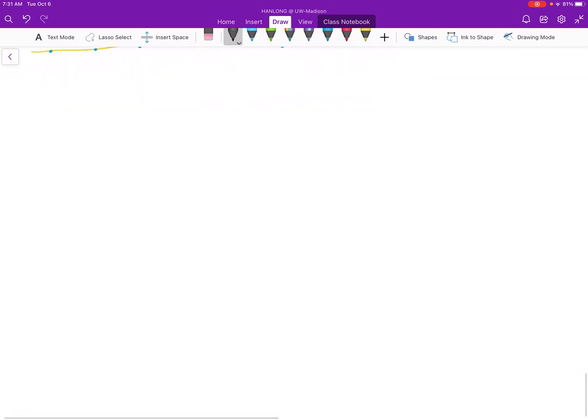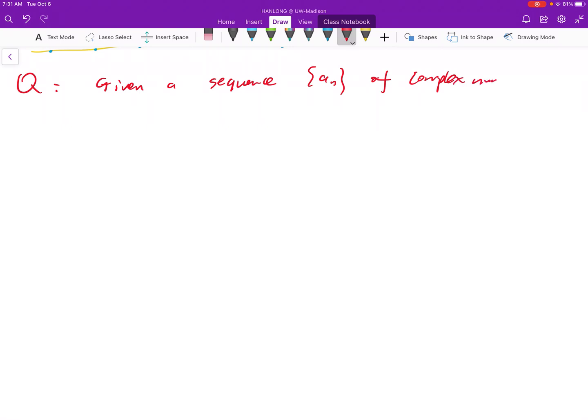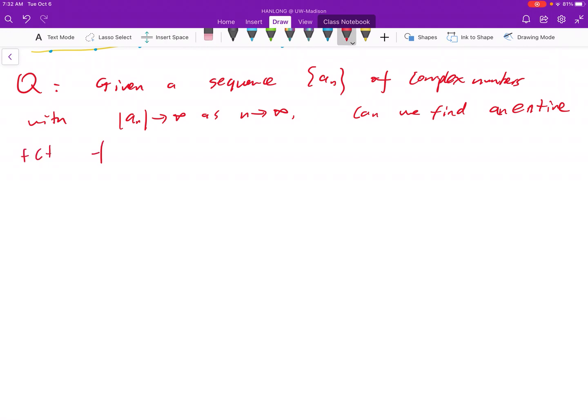So the general question is, given a sequence of complex numbers which goes to infinity, can we find an entire function, in other words, holomorphic on C, f, that vanishes at all z equals a_n and nowhere else?